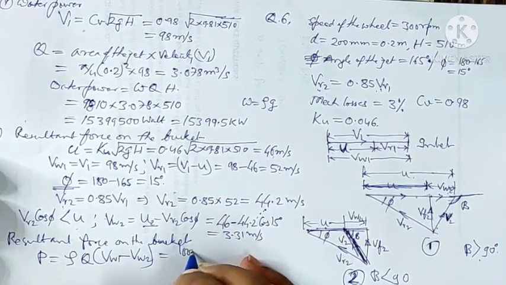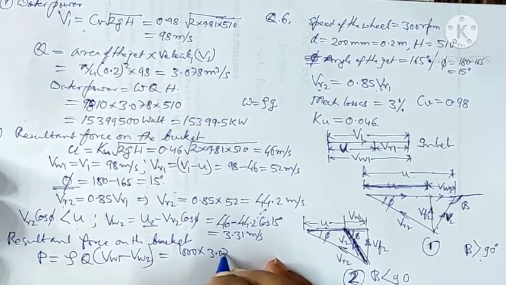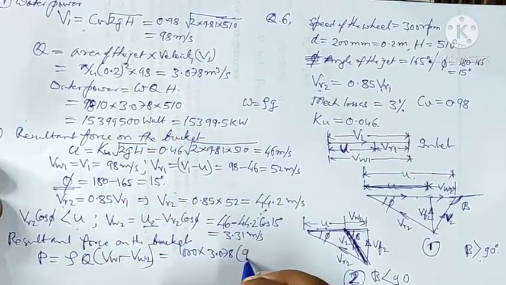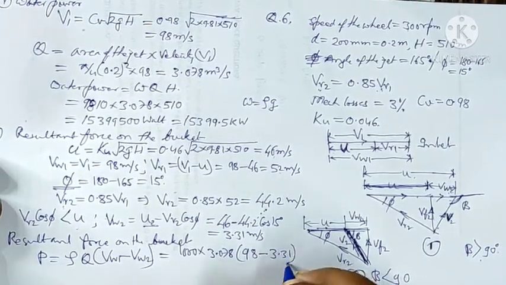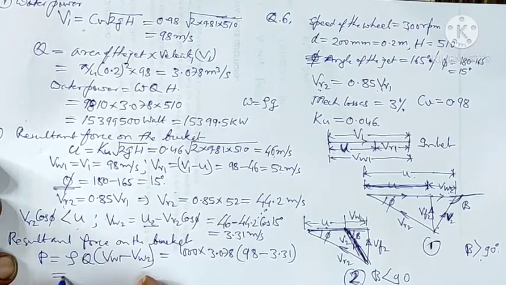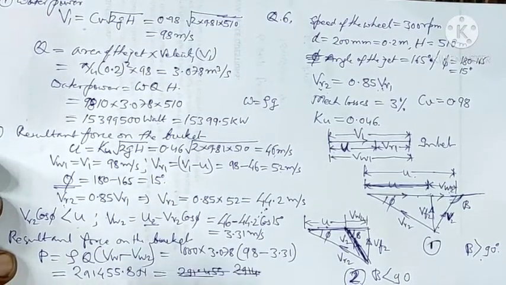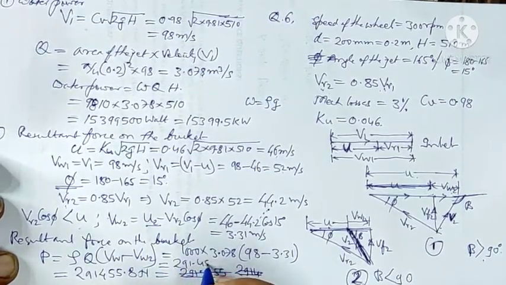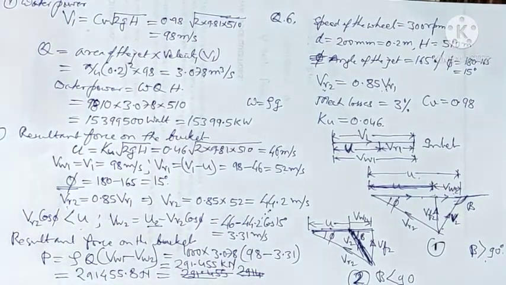It is 1000 into the discharge, which is 3.078 as we had calculated, multiplied by VW1, that is 98, minus VW2, which is 3.31. So this force comes out to be 291,455.8 Newton, or we can say 291.455 kilonewton. So this will be the resultant force on the bucket.